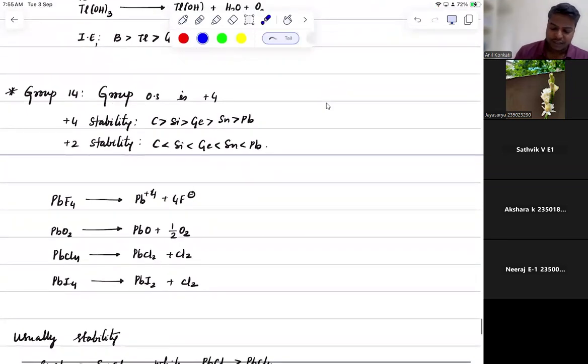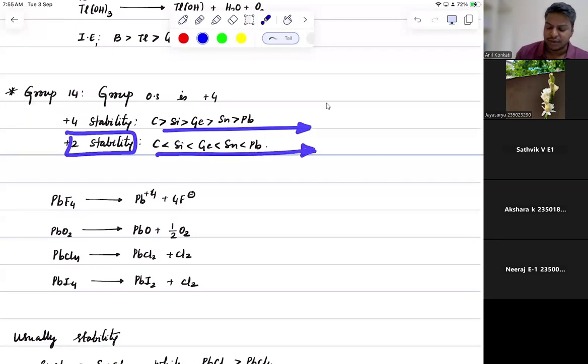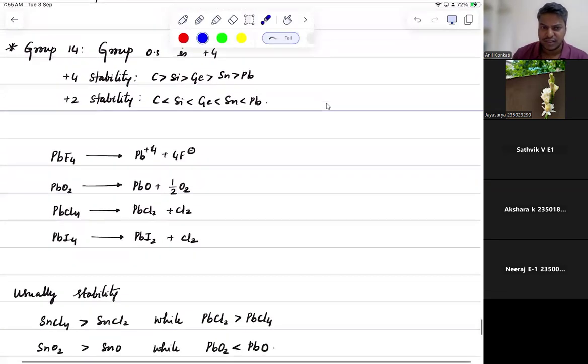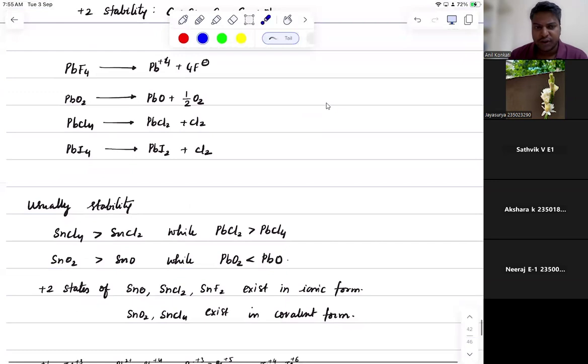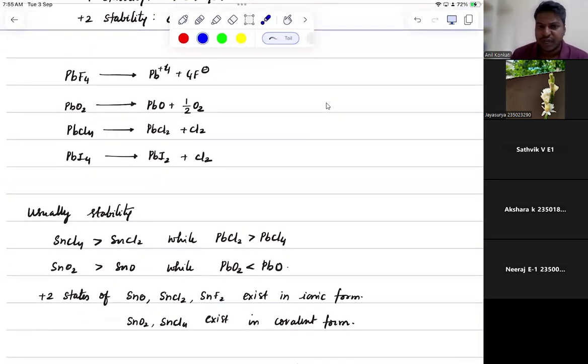Group 14, same logic, +4 oxidation state is more stable and it decreases down the group. But +2 oxidation state increases down the group, lead shows highest +2. So +4 oxidation state lead compounds are hardly existing, out of which PbF4, PbO2 are mostly existing.